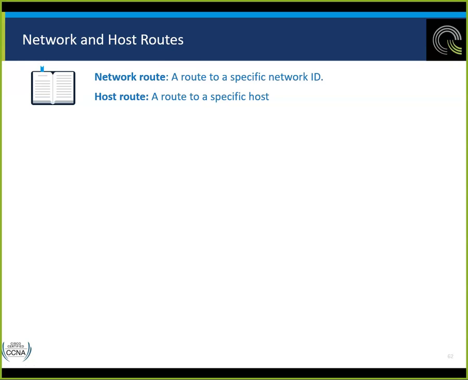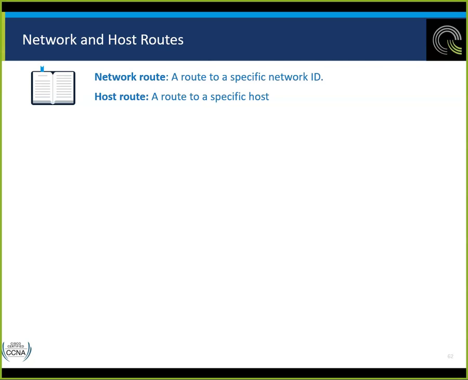And the host route will take us maybe to a database server, maybe to a file server, whatever we need to do. And the subnet mask for an individual address is going to be 32 bits. Look at the whole thing, the network and the host.